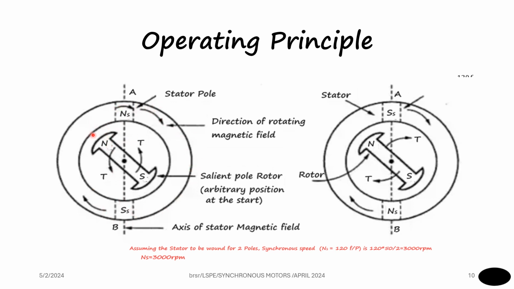The rotor has a high inertia, heavy mass, and so it will not be able to move as fast as the stator magnetic field. Because it is unable to move to such a high speed, it stands still. It will not be able to rotate. This is the reason the synchronous motors are not self-starting.